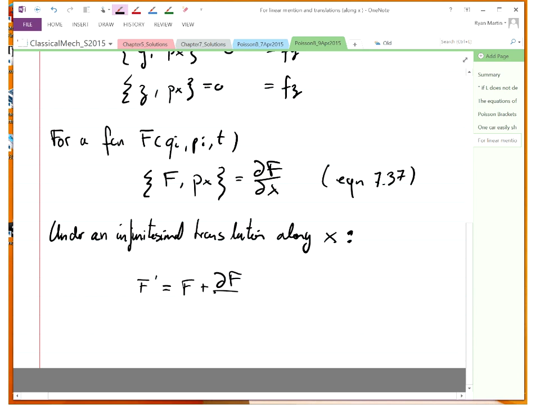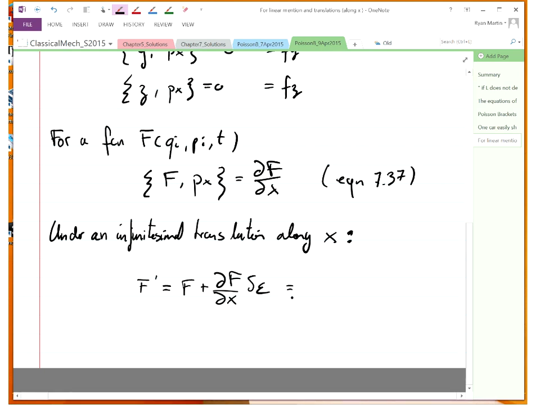That's just going to be the original f plus the derivative of f with respect to x multiplied by delta epsilon. Right, if I translate the x-axis, how is f changed? It depends on how f depends on x. So it depends on x by df by dx.